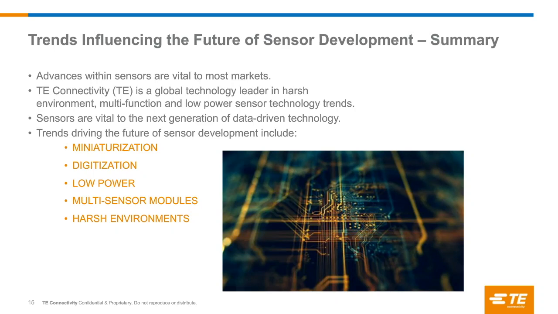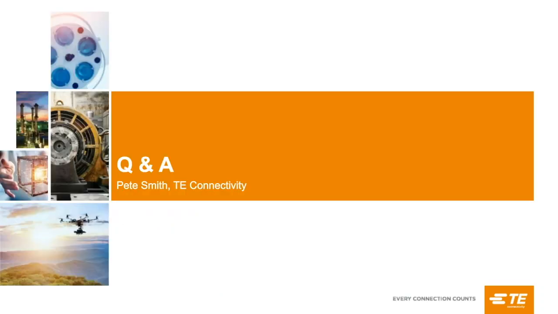We're able to provide them with digital capabilities so they can talk easily to electronic and electrical systems, low power so that they can be adapted to battery environments and situations where you may be harvesting energy from other energy sources. Multi-sensor modules give the capability to add more sensors without adding more footprint to a particular product, and of course harsh environments to fit into places where sensors have never gone before. So that's the presentation. Tim, I'll pass it back to you.